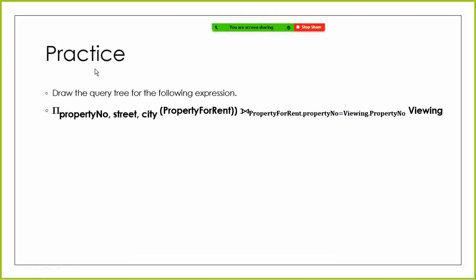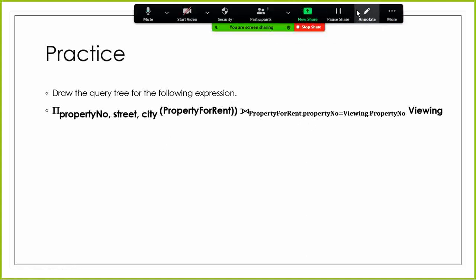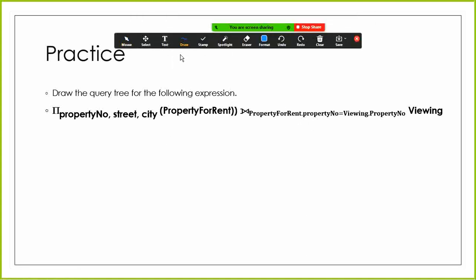Now let's do some practice. We have a question: draw the query tree for the following expression. We have to draw a query tree from this expression. Here you can see that we are applying a left join between viewing and property for rent, but first we have to select these columns from property for rent.